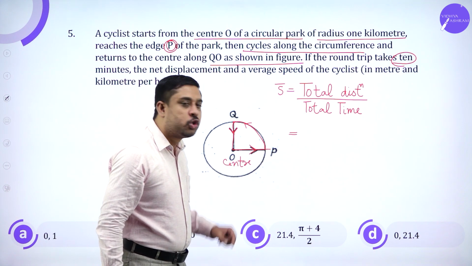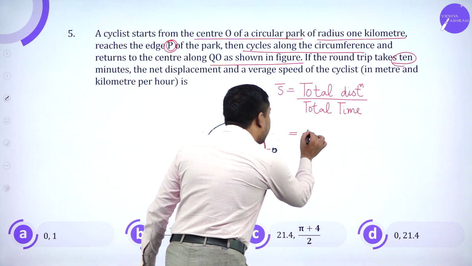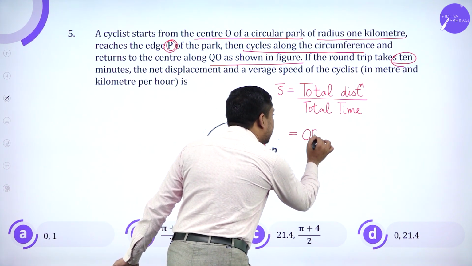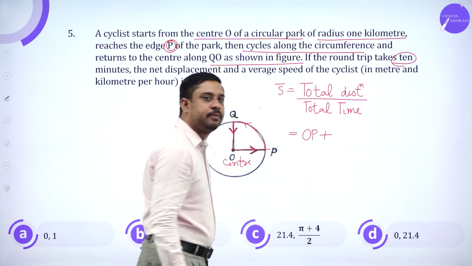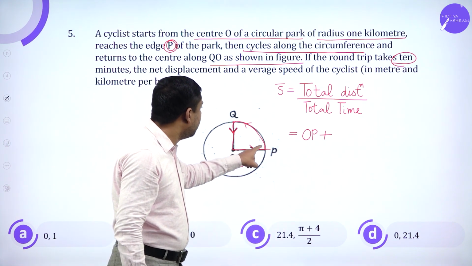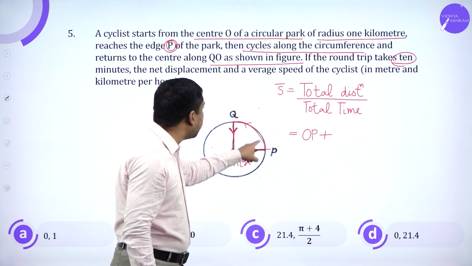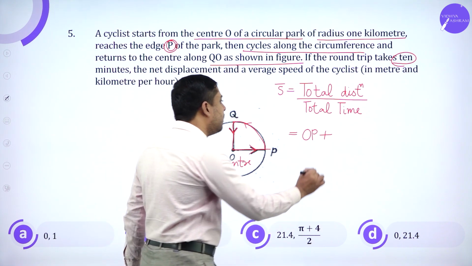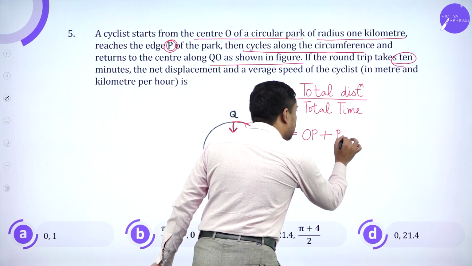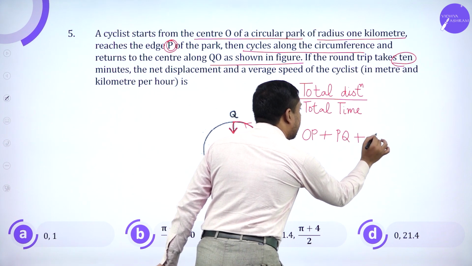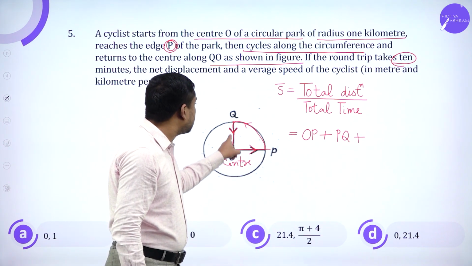O to P. So first, he is traveling along OP plus along the circumference, he travels along PQ plus QO.